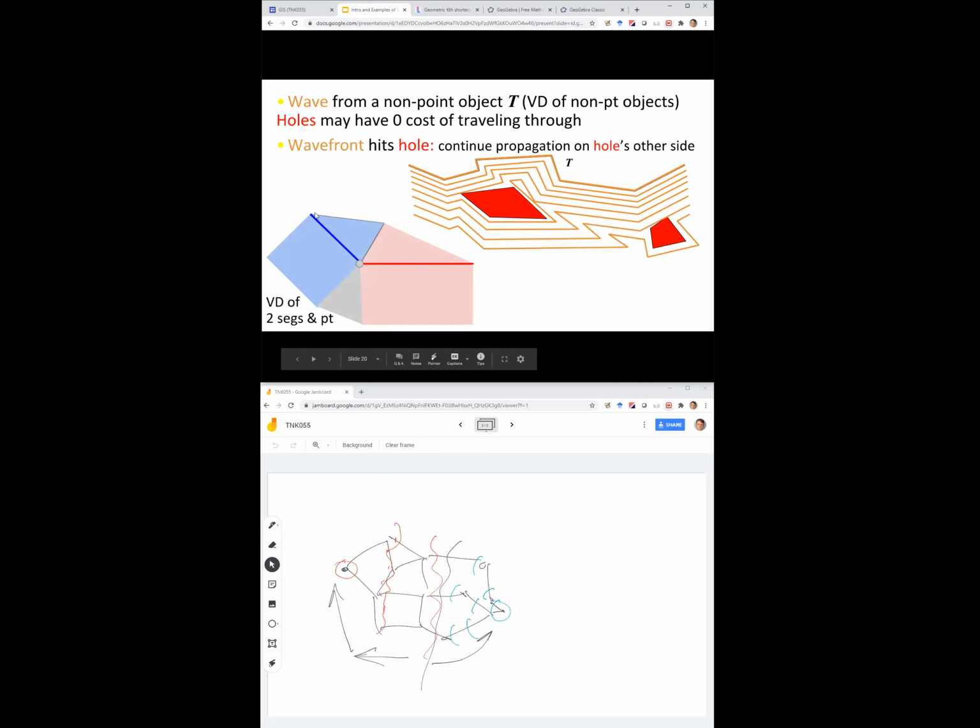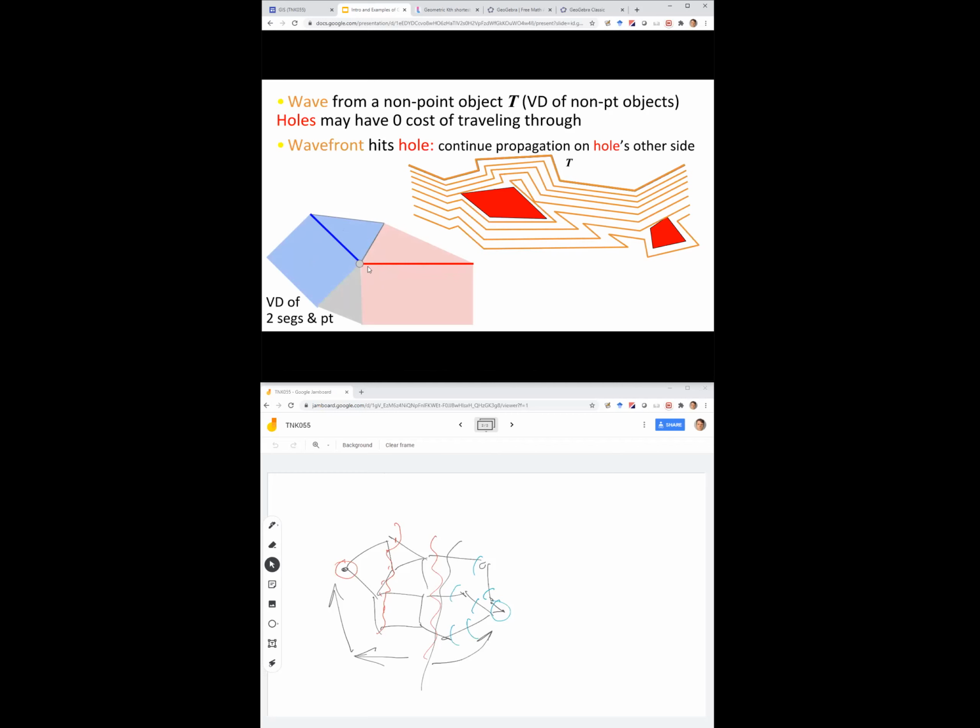In fact, here in the left bottom corner, I'm showing the Voronoi diagram of two segments and a point. So I have this blue segment and I have this red segment, and the gray is the vertex where the two segments meet. And anything which is blue goes to the blue segment.